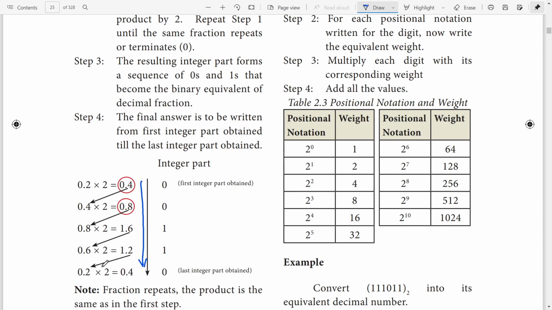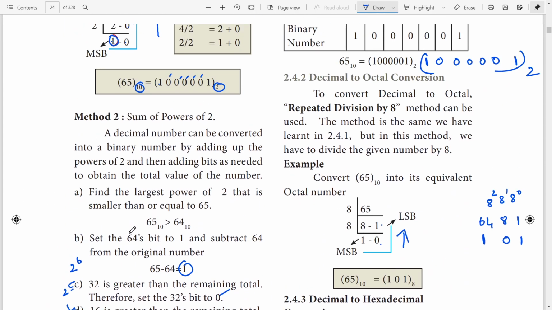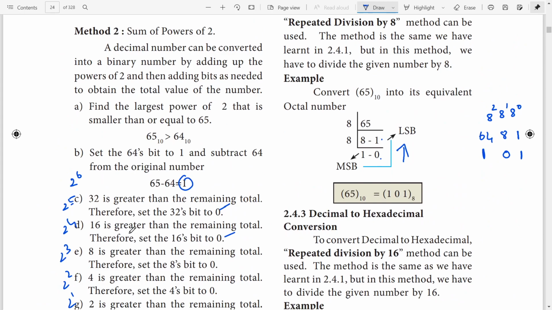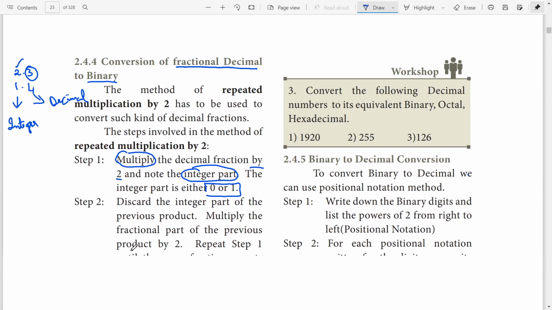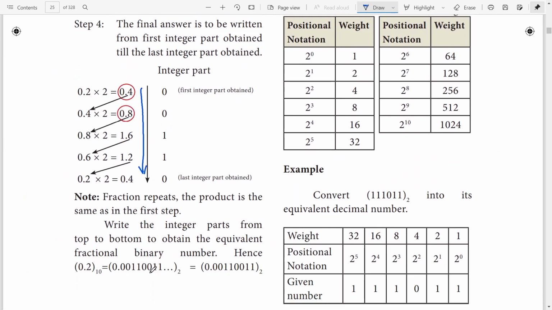Last class we saw that you have to convert from the most significant bit, that is from downwards to upwards, most significant bit to least significant bit, but here it is from top to bottom. This must be very clear. The fraction repeats, the product is the same as the first step.